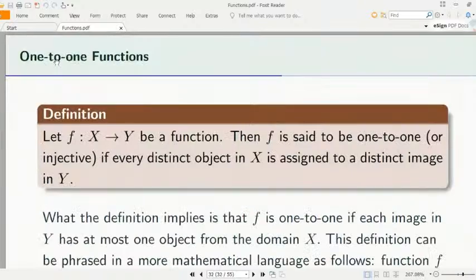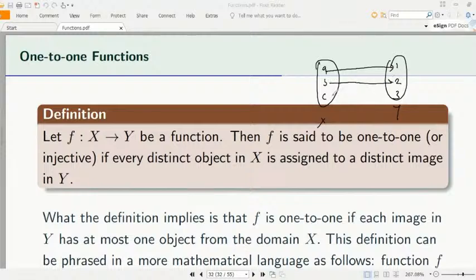Let us now look at one-to-one functions, and I'll begin with this diagram. I'll begin with this set X, which has elements a, b, c. I also have set Y, which has elements 1, 2, 3. I want a assigned to 1, b assigned to 2, and c assigned to 3.